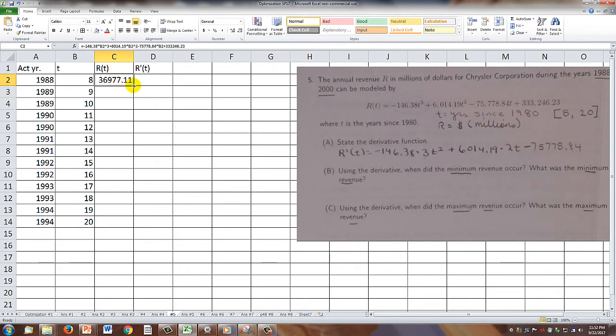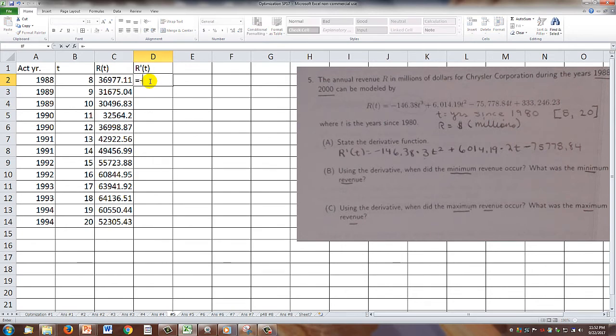Drag that down, and now we'll type in the revenue derivative. So negative 146.38 times 3 times t to the second power. And we'll check it. So there's the first term, and then second term, and third term.